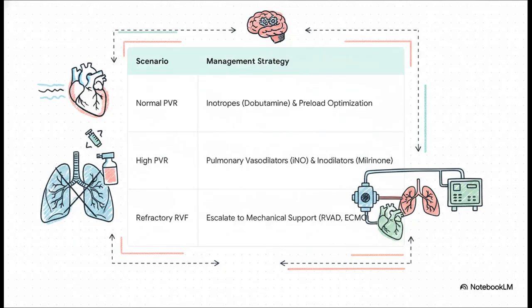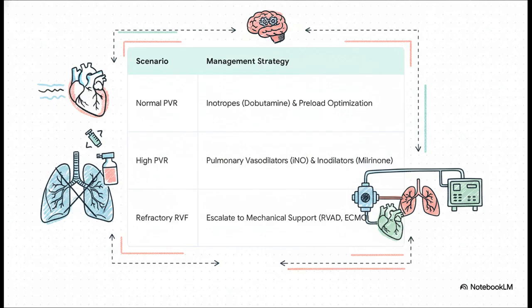So, our management strategy for RVF depends entirely on the underlying pulmonary vascular resistance. If the PVR is normal and the RV is still failing, the problem is likely graft stunning or maybe just inadequate preload. In that case, we focus on inotropic support and ensuring an optimal heart rate and rhythm with pacing.